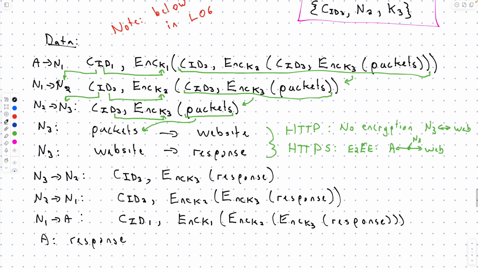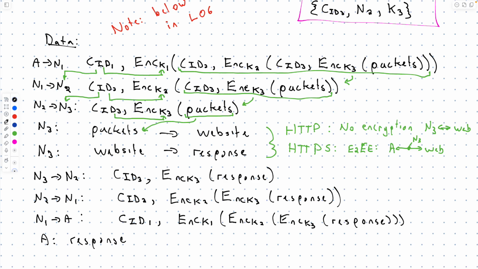On the path forward from Alice, all it sees is an encryption of something. And it has CID2, and when it decrypts it, it sees CID3. So it knows CID2, it knows CID3.